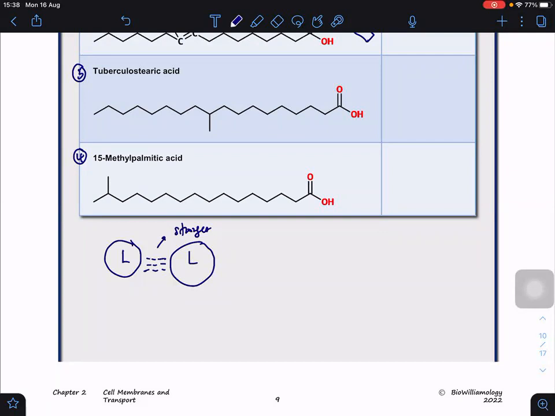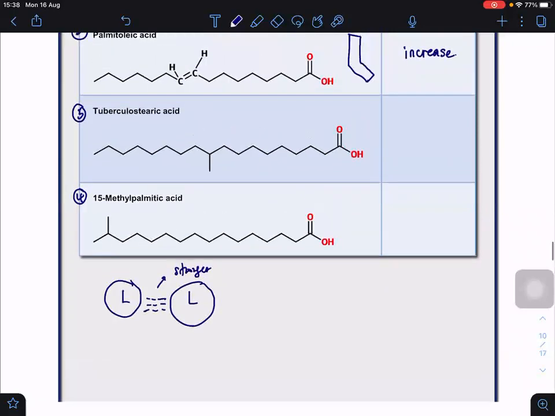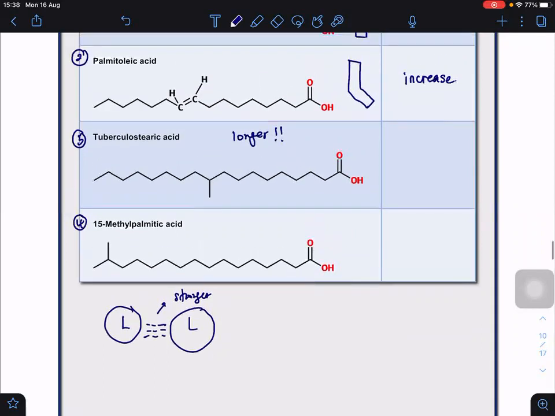But if I didn't hold you well, then you could still escape, you could still vibrate. So the longer the hydrocarbons, can you see that definitely the fluidity is going to decrease. Are you clear? Because the strong interaction force makes sure that these long hydrocarbons won't be able to vibrate well.